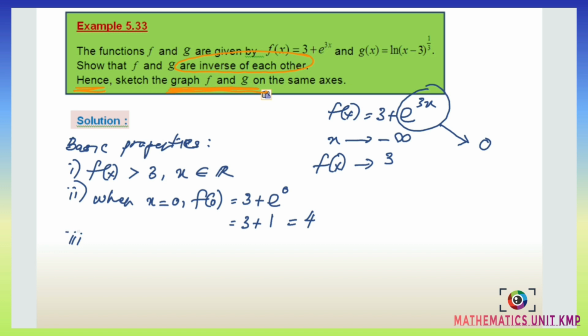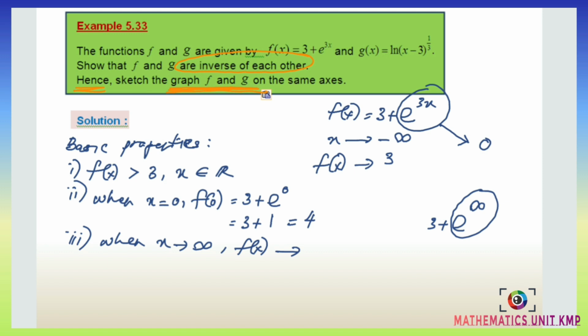And the third, when x approaches infinity, to the right, f(x) approaches 3 plus exponent infinity. Exponent infinity is the largest value. So, f(x) approaches infinity.